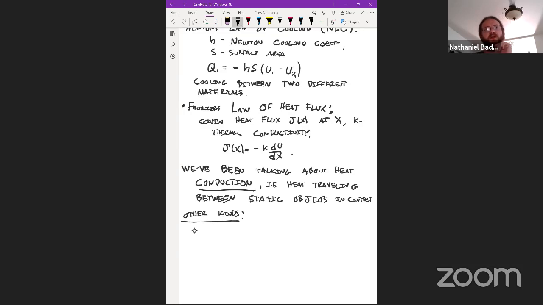In the interest of time, I'm just going to say what these things are, but I will write down the names. So we also have advection.